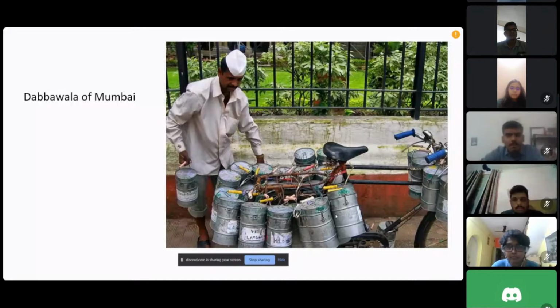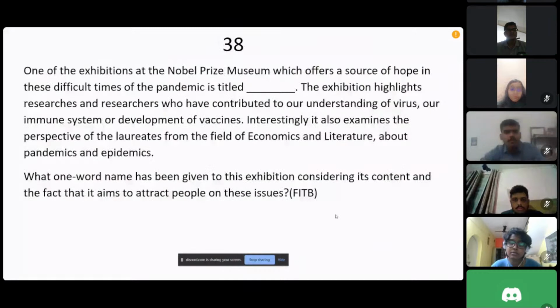P7. One of the exhibits at the Nobel Prize topic is titled Dash. It highlights the surroundings of the virus and immune system, and interestingly, it also examines the perspective of laureates from the field of economics and literature about pandemics and epidemics.